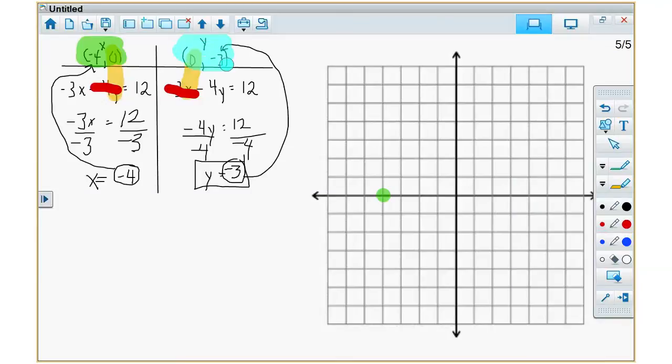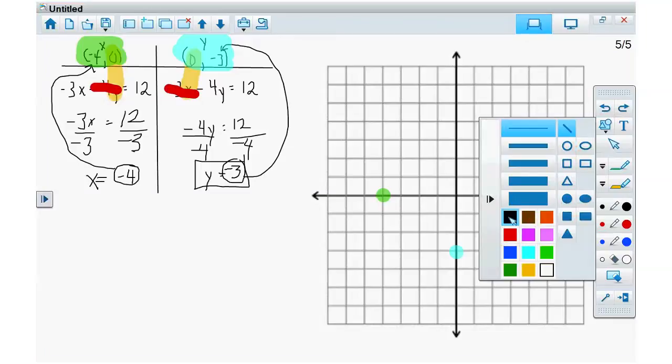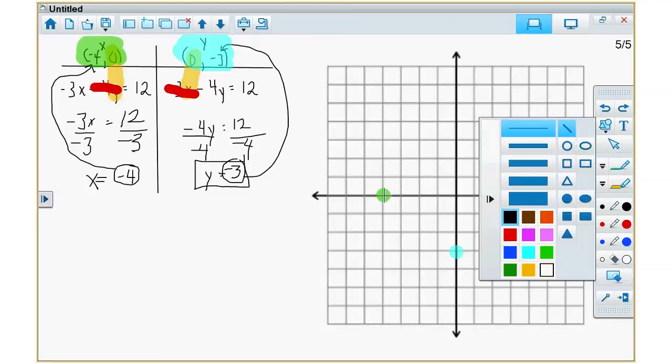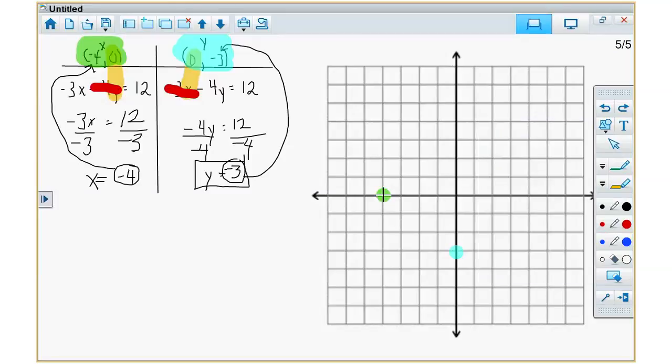And it goes on the y-axis. So I got me a line. All right, there's my line.